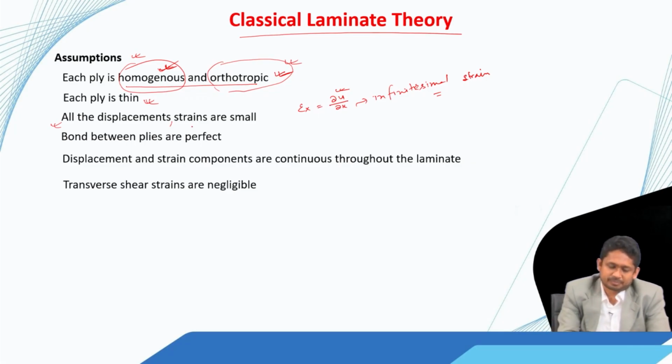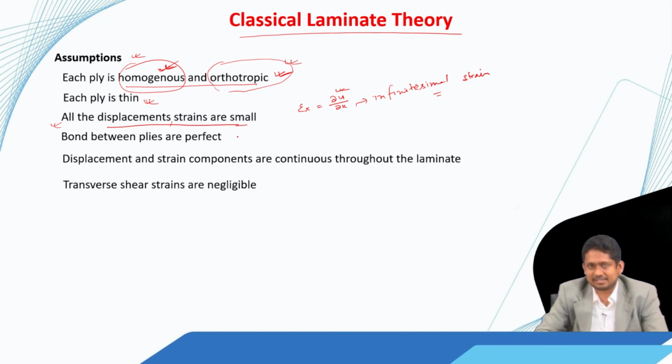So, we assume that the displacements and strains are small. That means, all the analysis that we do are in linear domain. If the strains are very high, then we need to take the full definition of strain, which we do not do in this course. In that case, we have to take all the higher order terms of strain, and then the resulting problem would be a nonlinear problem.